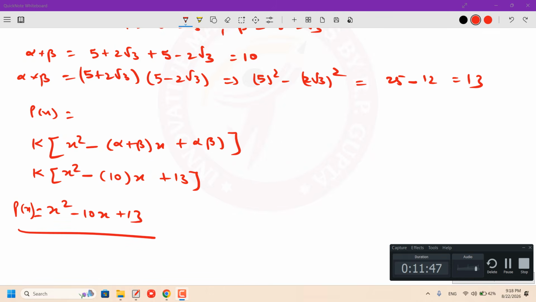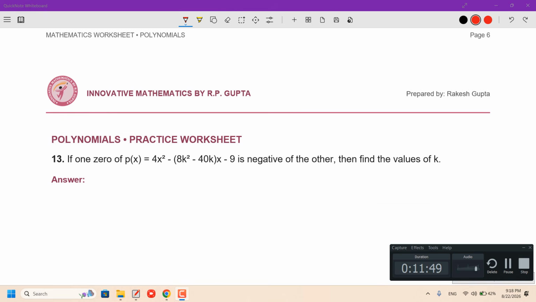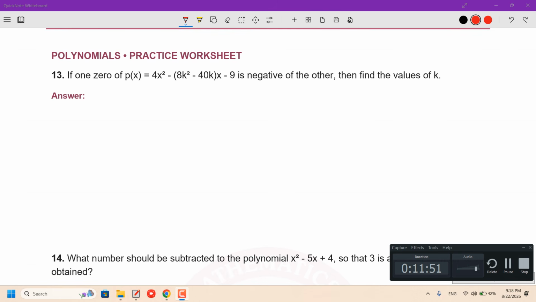Next question. If one zero is the negative of the other, alpha equals minus beta, that is alpha plus beta equals 0. So alpha plus beta is minus b by a equal to 0.